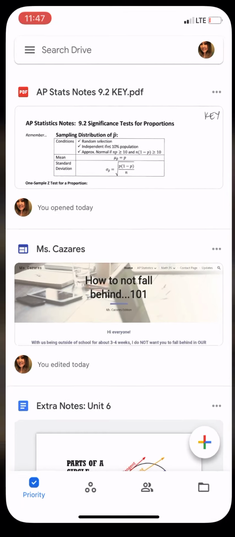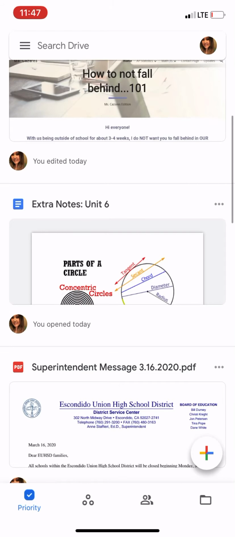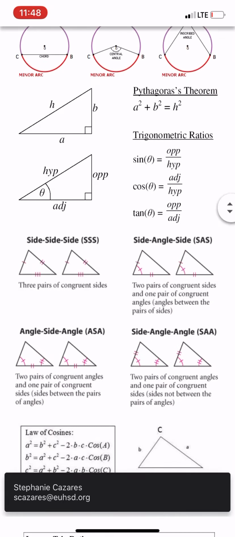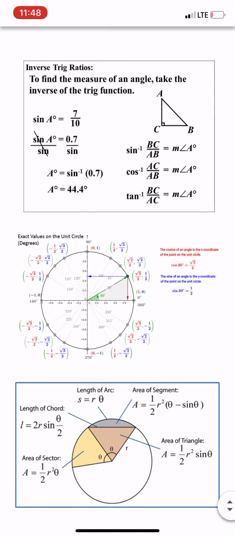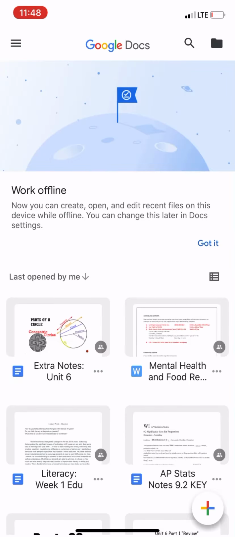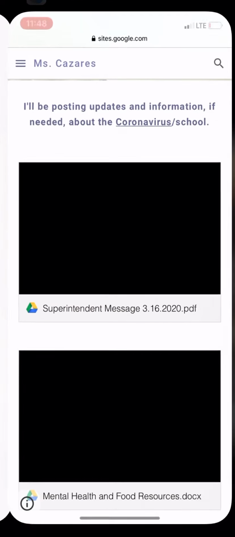And yeah, I think that is it. Oh, well, another thing, I do also have extra notes uploaded on Google Classroom where students are allowed to go through and see visually things that will benefit them on the subject area we're working on.